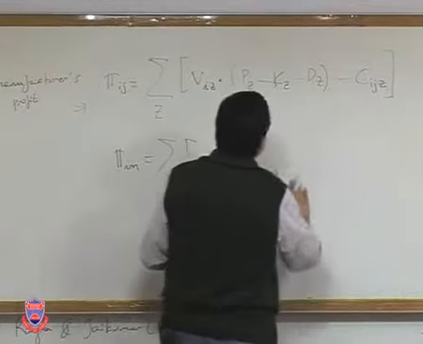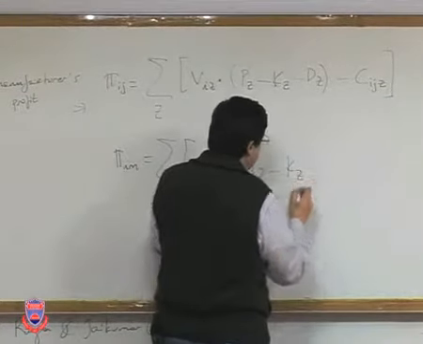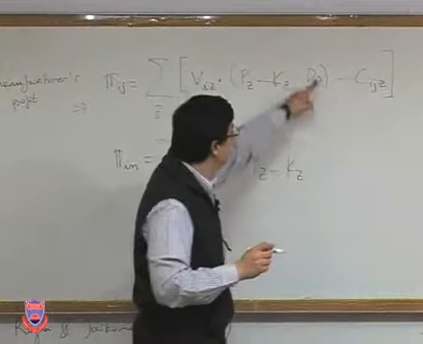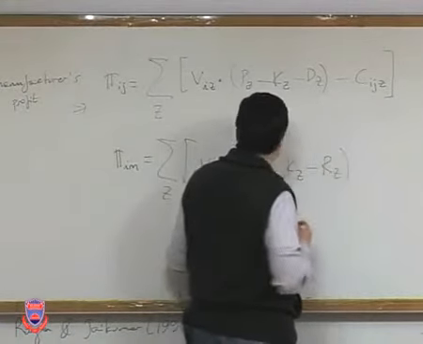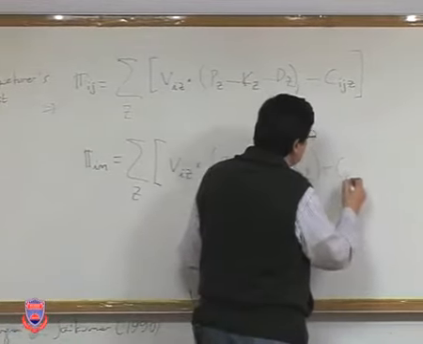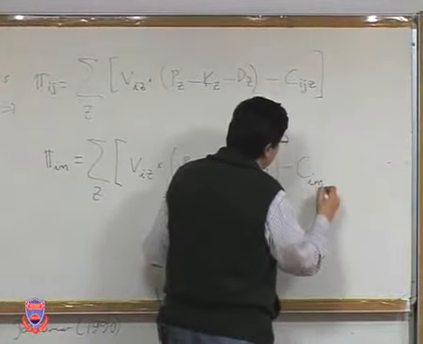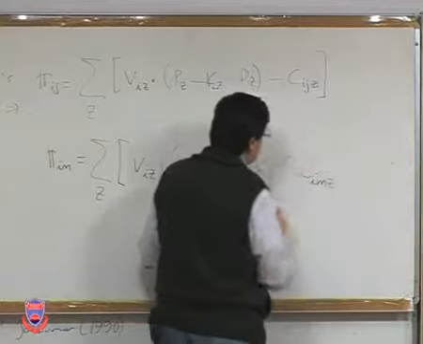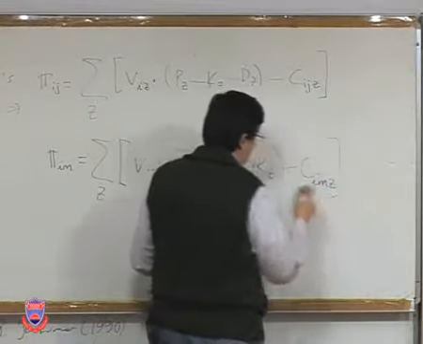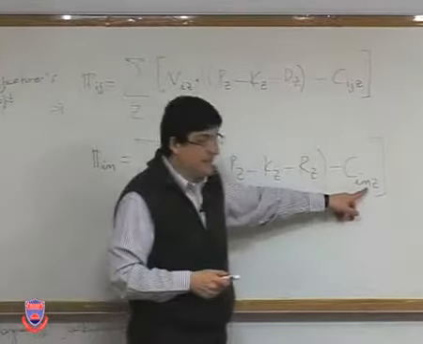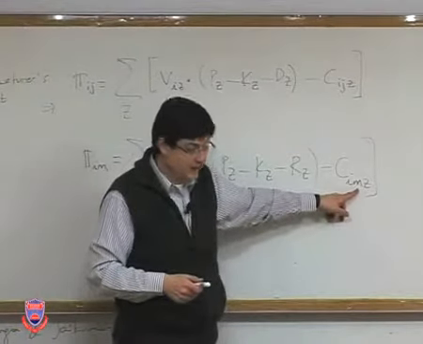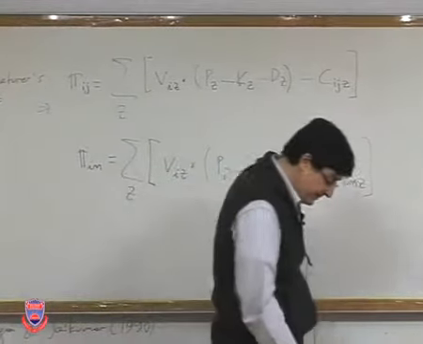Okay, this K sub z is the direct cost of manufacturing. It's still there, I'm sorry. But instead of D sub z, we are going to have R sub z. And minus, now I'm going to have C sub iMz, M standing for directly using the manufacturer as the supplier.